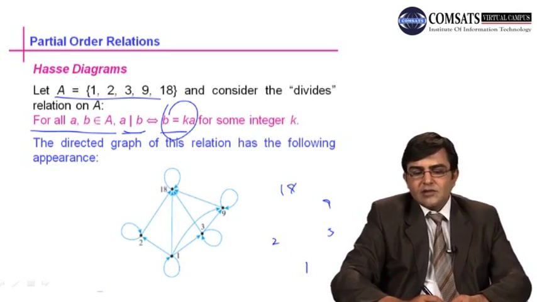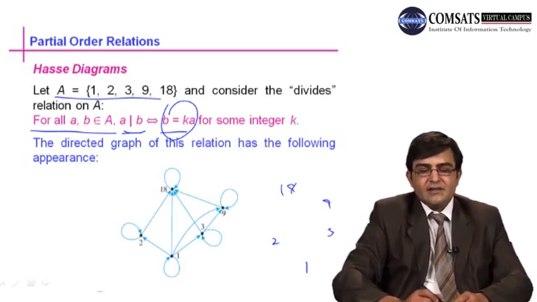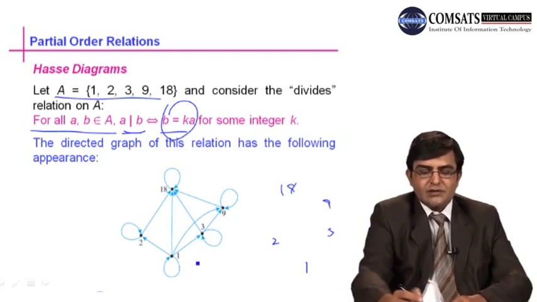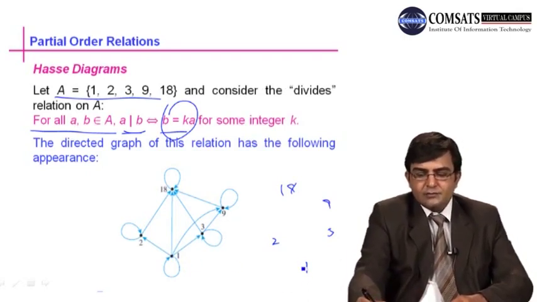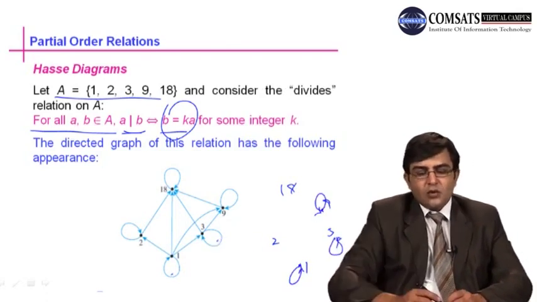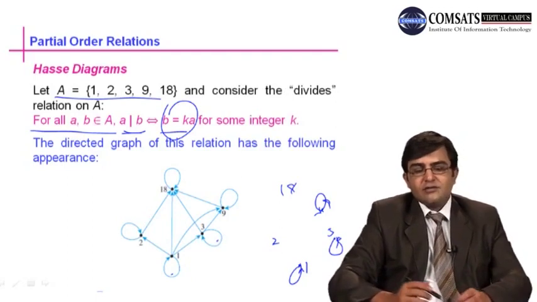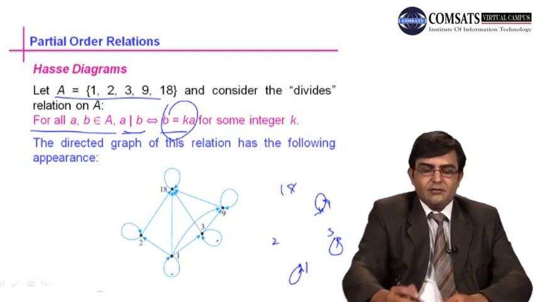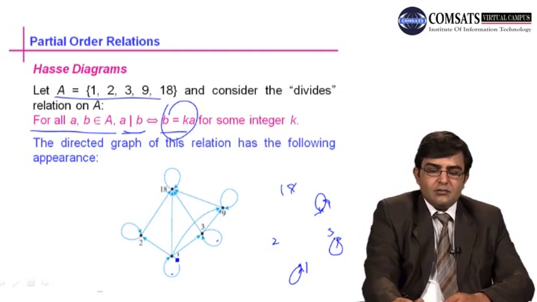Then, according to the partial order relation, this relation is reflexive, so we must construct a loop at each element, as we have constructed loops here. Now 1 is related to 2 because 1 divides every integer, therefore there is an arrow from 1 to all integers.